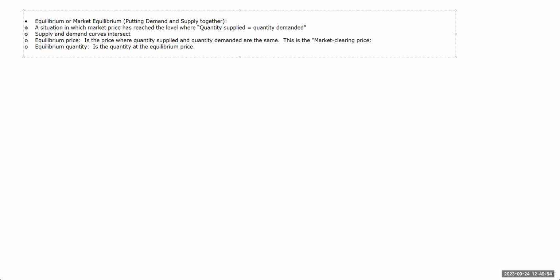Now what we're going to do is talk about equilibrium. This is actually one of the hardest things that we learn in graduate school. It's market equilibrium, and you're going to think, well, this looks easy. It is.